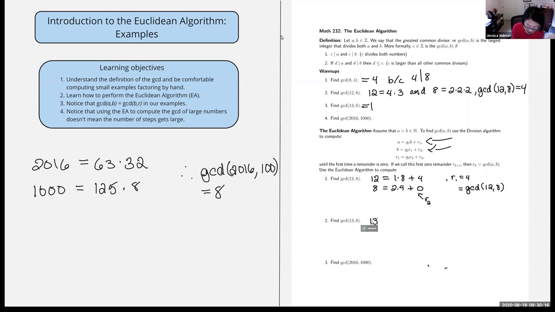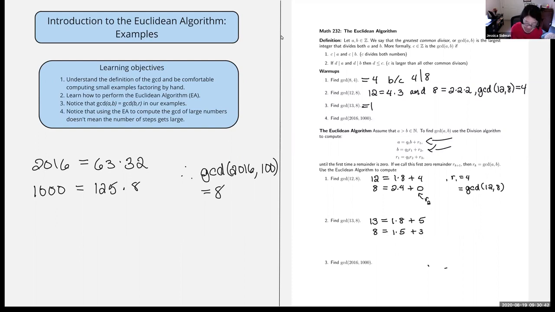Similarly, we use the division algorithm. 8 goes in 1 time, this time with a remainder of 5. Again, that's not 0. So we let 8 play the role of A, and 5 is going to be what we divide by. Here, 5 goes into 8 1 time with a remainder of 3. All right, still not 0.